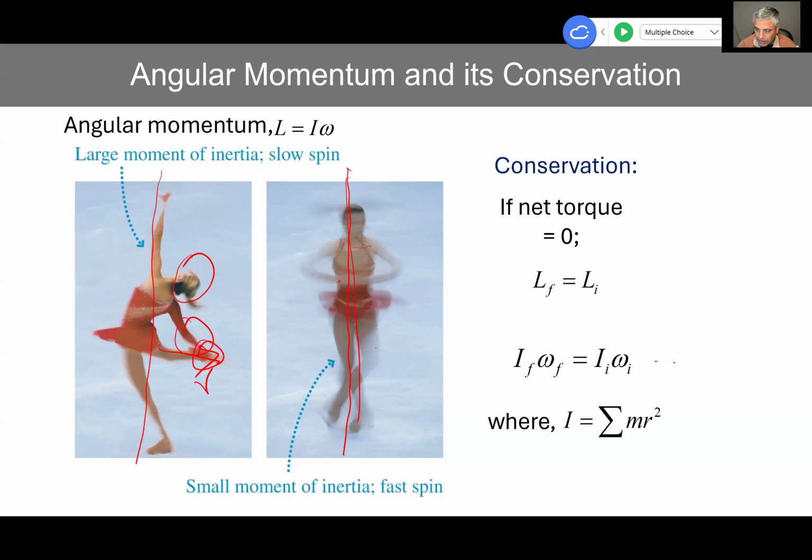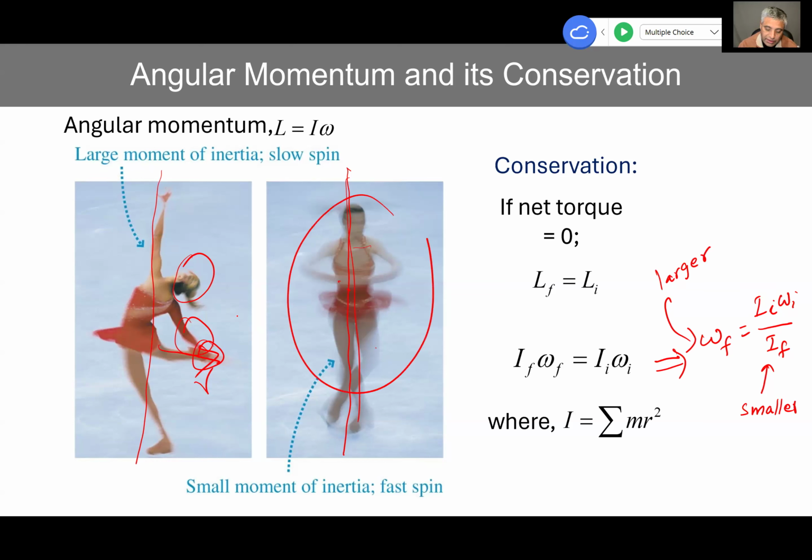So if I were to rewrite this equation, what's going to happen? Let's say omega F is I omega I divided by IF. So IF is smaller, and a smaller denominator means this is larger.